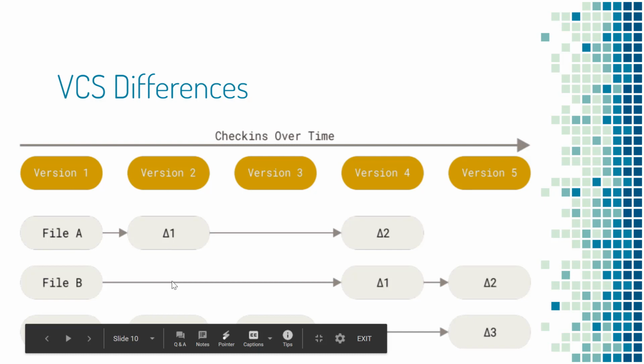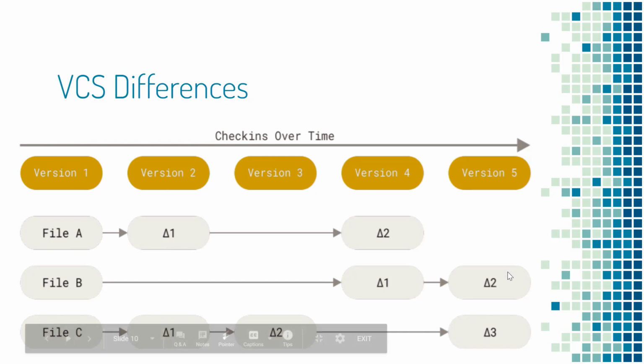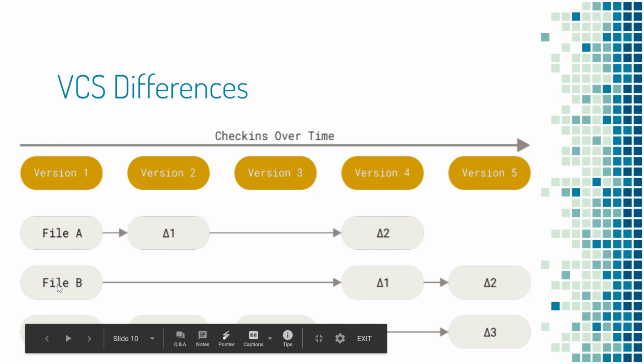If we are building this way from version 1 to 5 and we want to revert any file to a previous version, we can just subtract the deltas. So if we are at version 5 and we want to restore the original version 1 of file B, for example, we remove the first delta, then the second delta, and we end up with the original file.